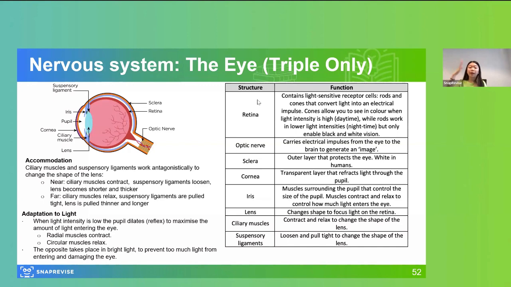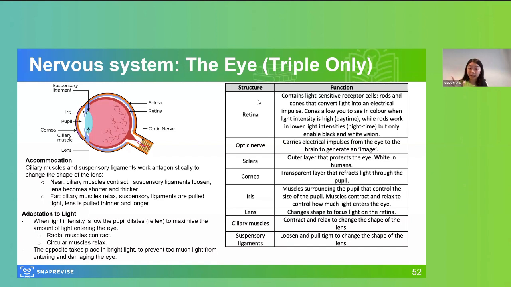When you're in very, very bright light, your pupil, so basically the hole that allows light into your eye, is going to want to go smaller, constrict. It goes smaller because you don't want to damage the eye. Too much light in the eye is going to damage it. So they constrict the pupil, and when they constrict the pupil, less light is going in. How they do this is by relaxing the radial muscles and contracting the circular muscles.